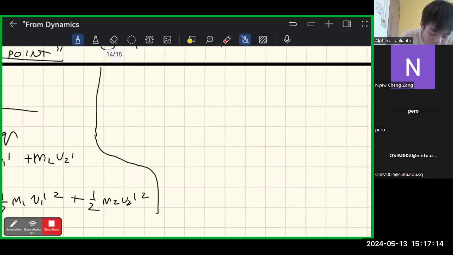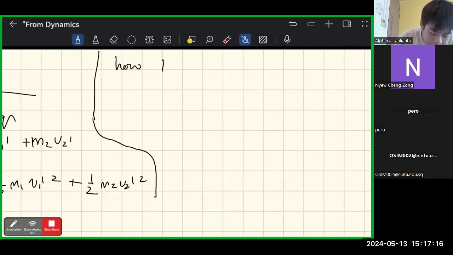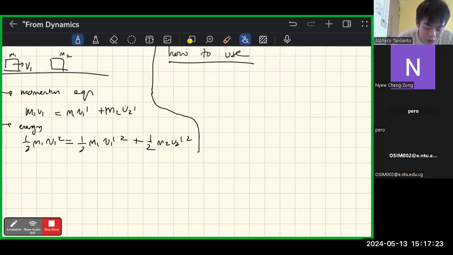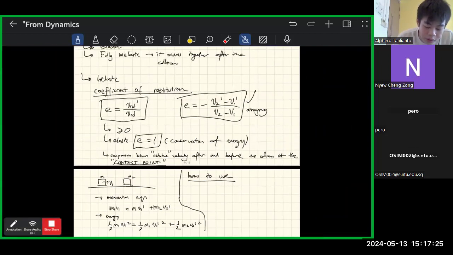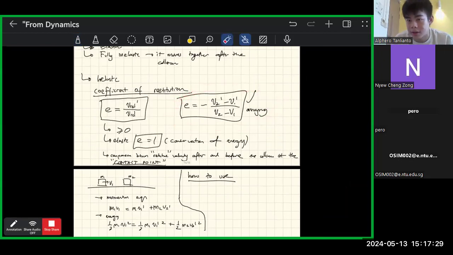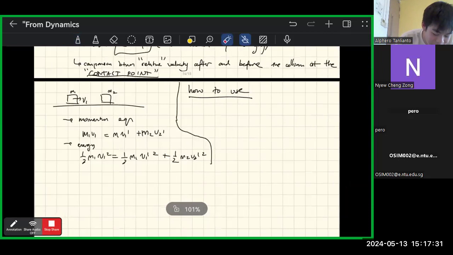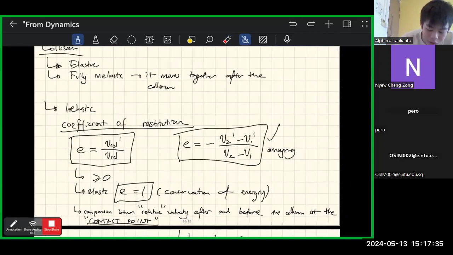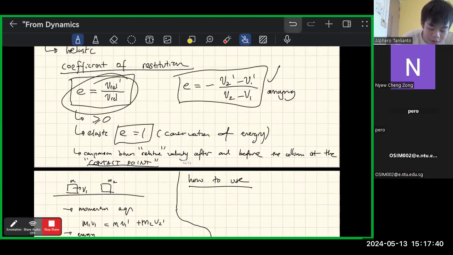So how to use the coefficient of restitution? You just plug it into this equation, and you have to memorize this. I mean, you can memorize this, but it's easier.